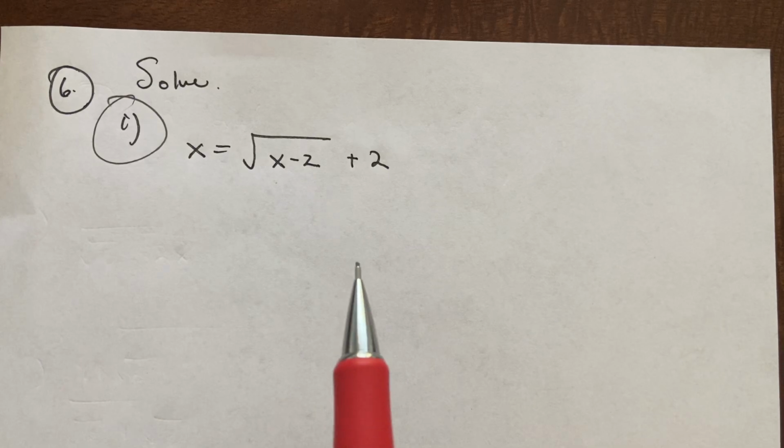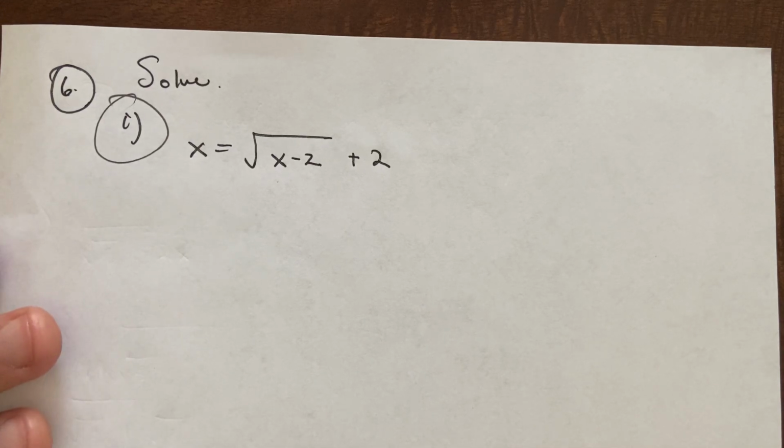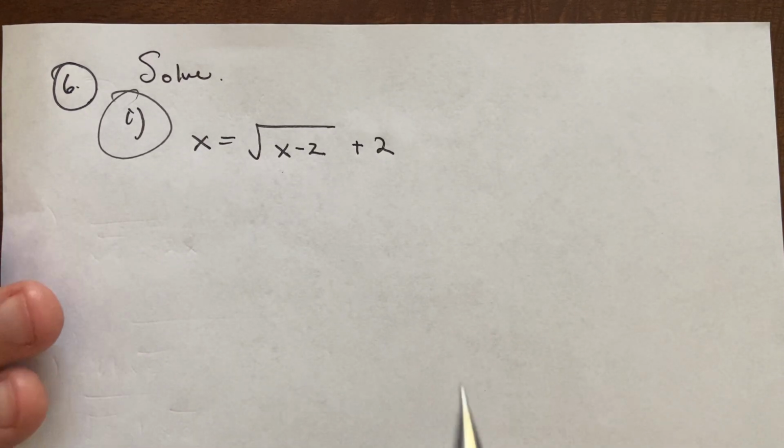Whenever you use an even power to solve, you need to check your work. If you're using an odd power to solve, it's a good idea to check your work still, but you're not going to get extraneous or spurious solutions with those cubes, but you still may get incorrect solutions, quote unquote. So it's always a good idea to check.